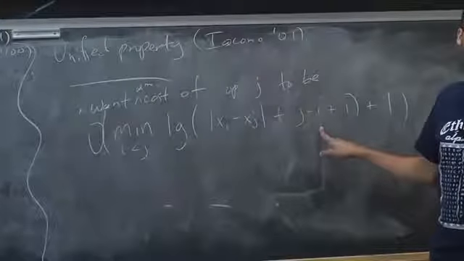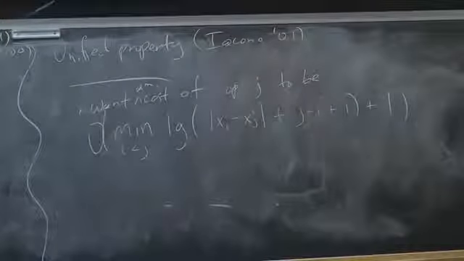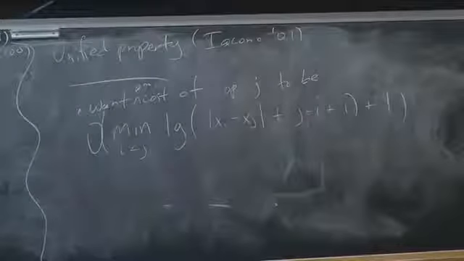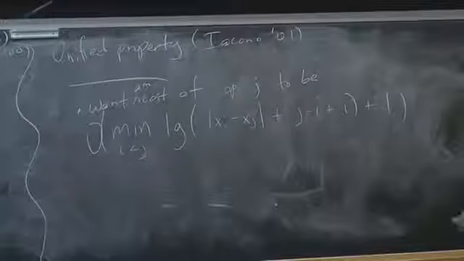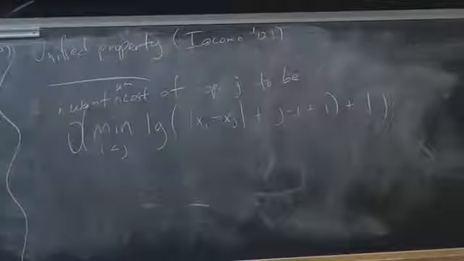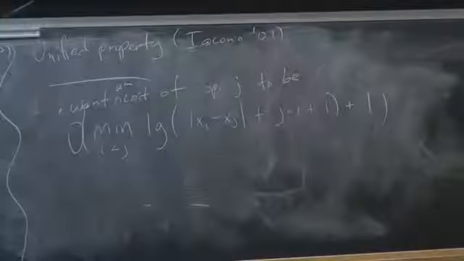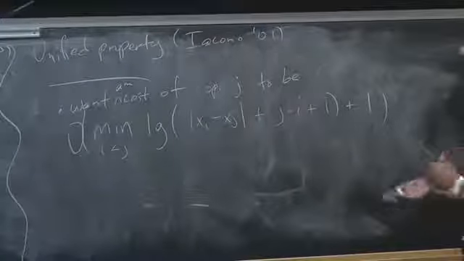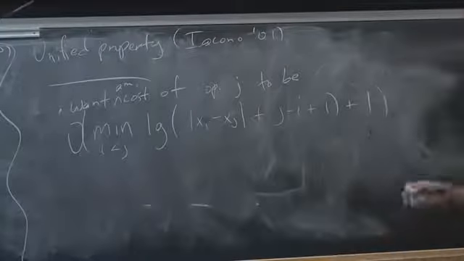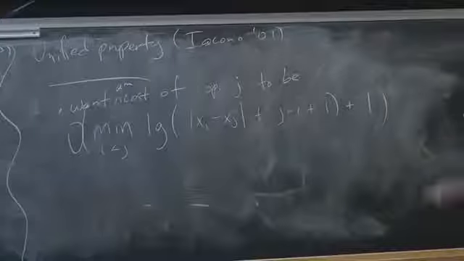Unfortunately, it's not known that splay trees achieve the unified property. It's not known that any BST satisfies the unified property, but Iacono gives a data structure which does achieve it, though it's not a binary search tree. It doesn't operate in the BST model. But it's an open problem.